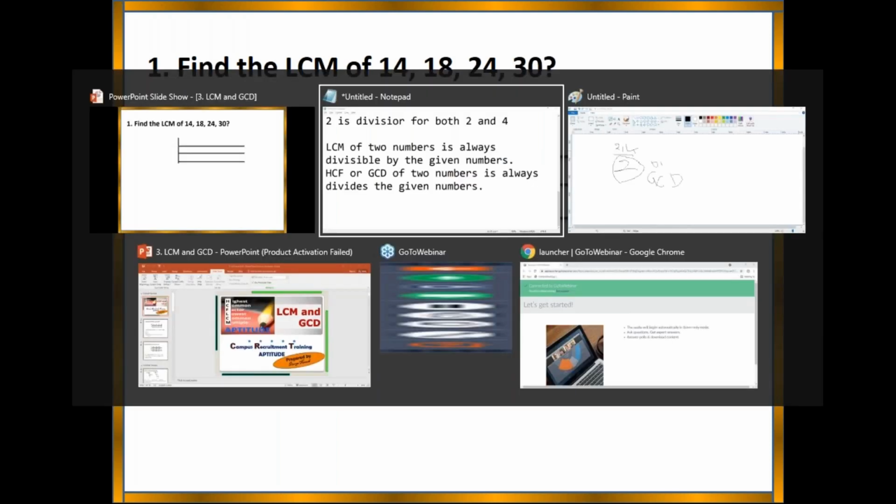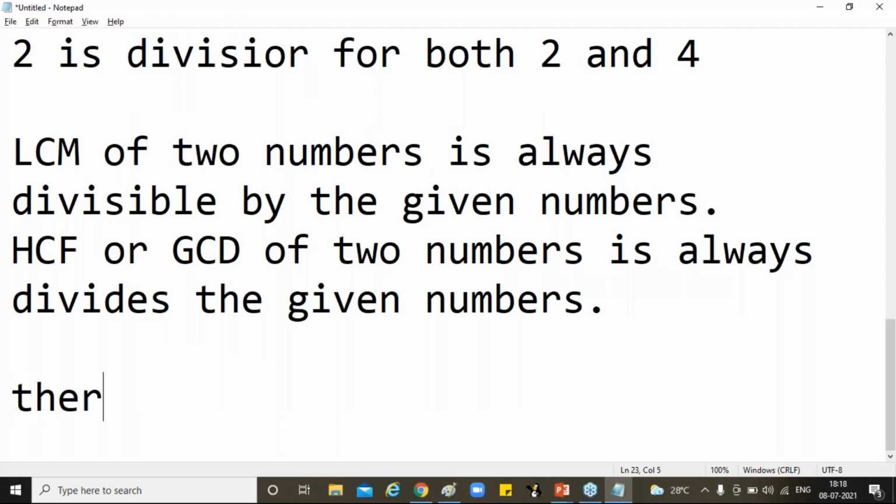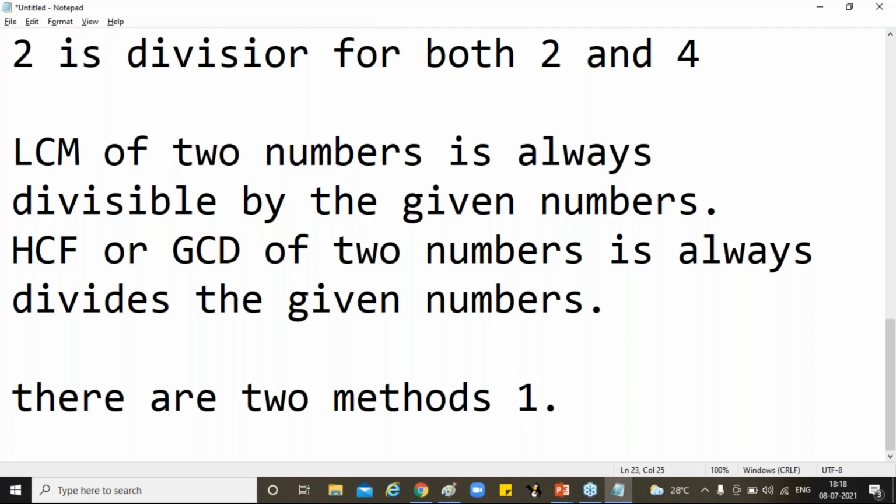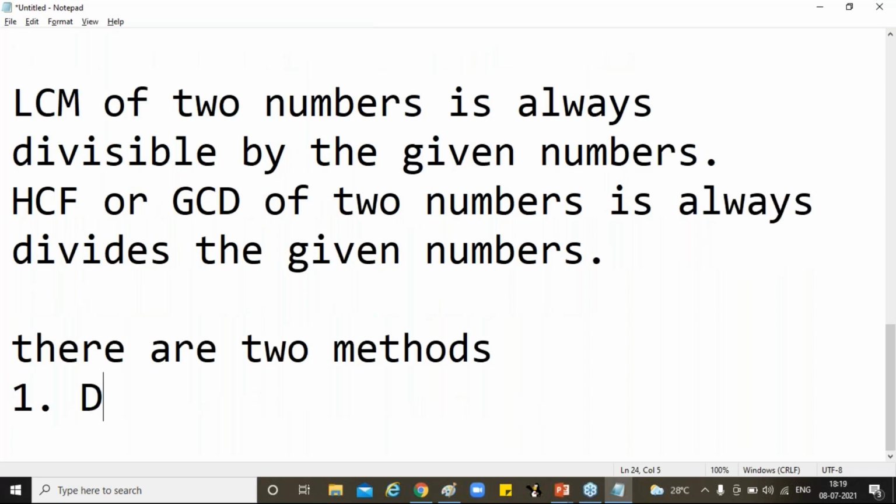There are two methods to find the LCM and GCD. The first one is the division method. So first of all, we need to understand how to find the LCM by using the division method.